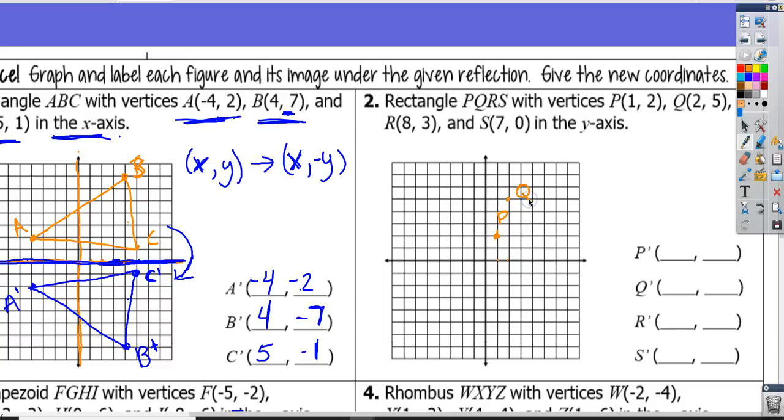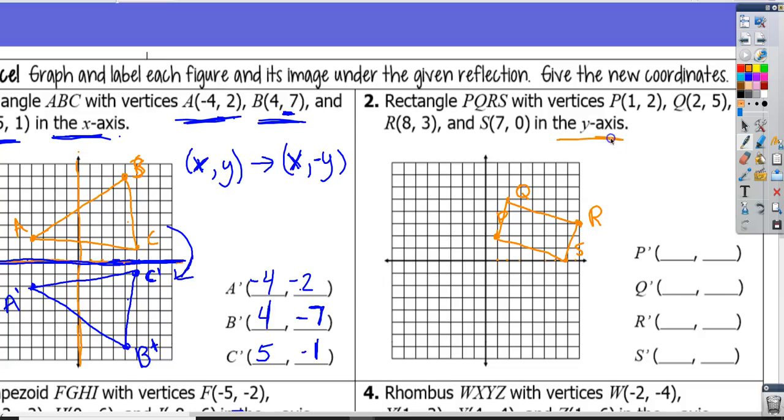That's my Q. R is 8, 3. So 1, 2, 3, 4, 5, 6, 7, 8. 1, 2, 3. And then S is 7, 0. So 1, 2, 3, 4, 5, 6, 7. We're not going to go up at all because it's 0. That's S. And I'm going to connect those. Okay. So there's my rectangle. I know I did it right because it looks like a rectangle.